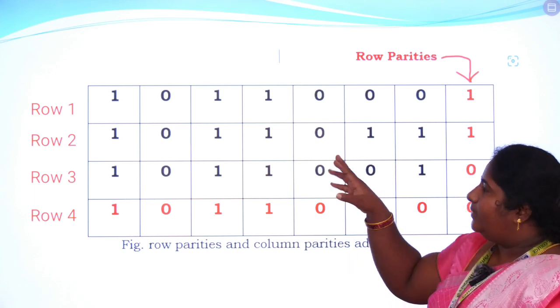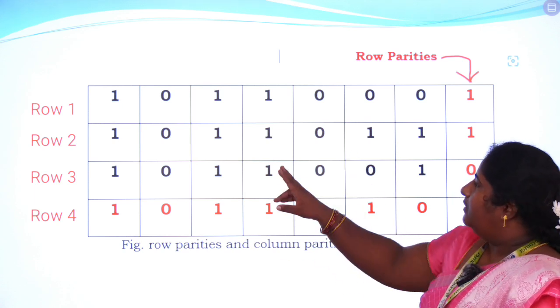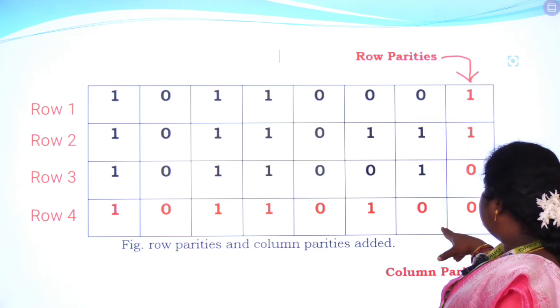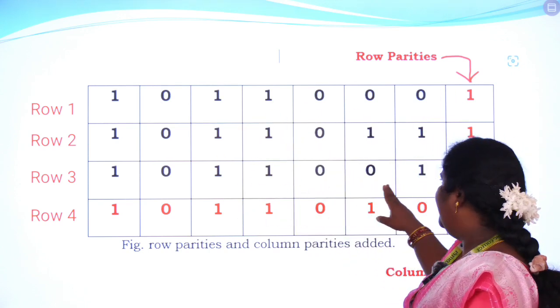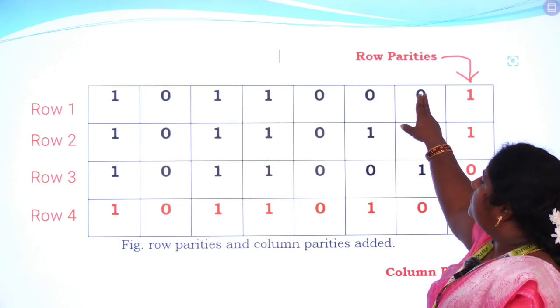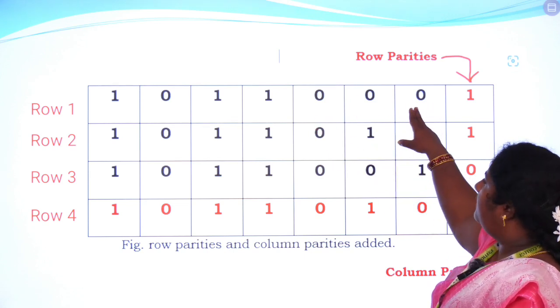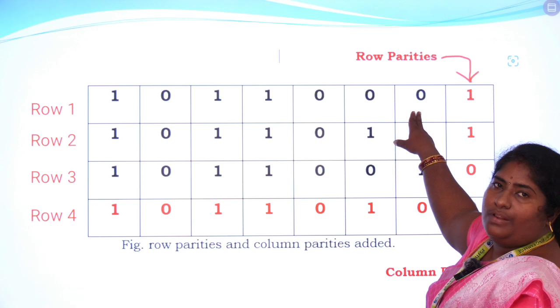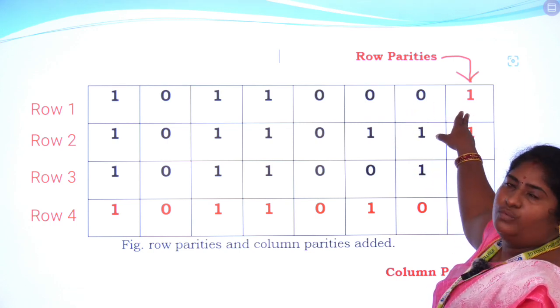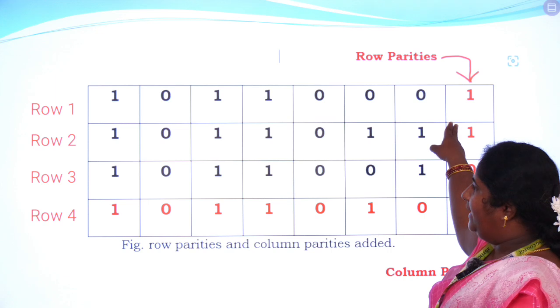When we are considering row 1, we count the number of ones here. Until this, it is called the original data. The number of ones is 3, so it is an odd parity. Odd parity means we have to append 1 at the end of the data.